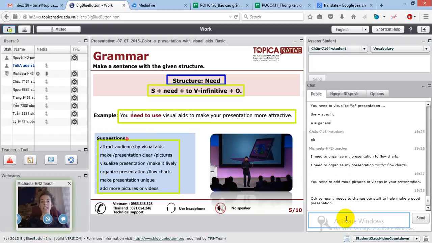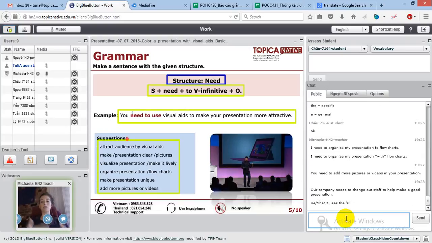Wonderful, and great job using the correct form of need here with the S, because remember he, she, or it uses the S, right? So the company is it, so you use needs. Really good job. Tuan, can you please make a sentence?